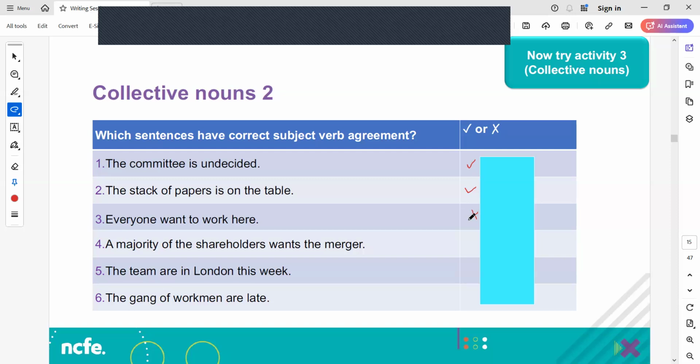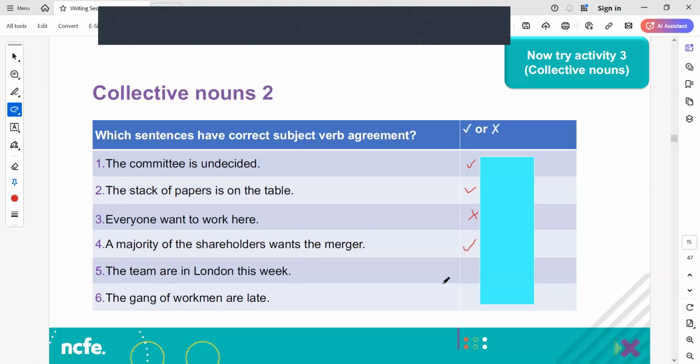A majority of shareholders want the merger. That's correct. So we're talking about the majority, a group; the verb is referring to the majority of the shareholders, this group here of the shareholders.